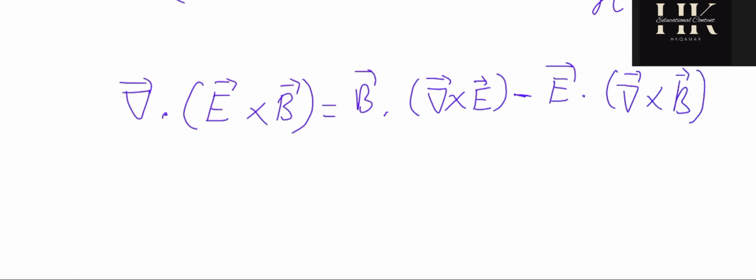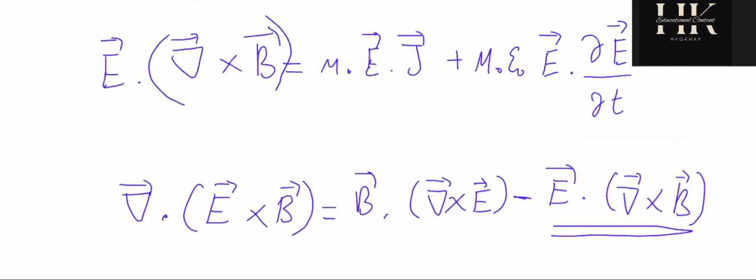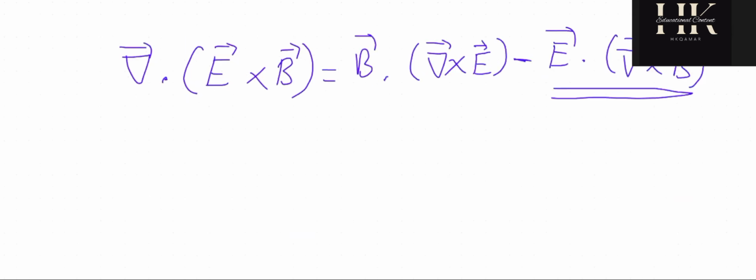This is a vector identity. Here we need to find the value of E dot del cross B. In the previous equation we have used E dot del cross B, and in the vector identity there is also E dot del cross B. So we will get the value of E dot del cross B from this vector identity by rearranging it.